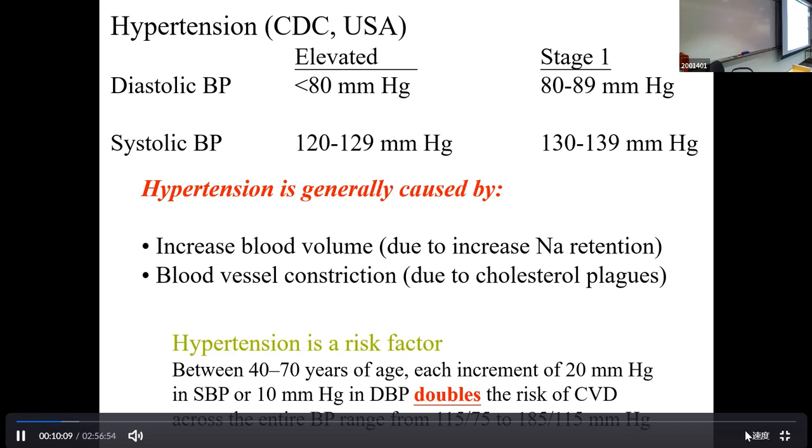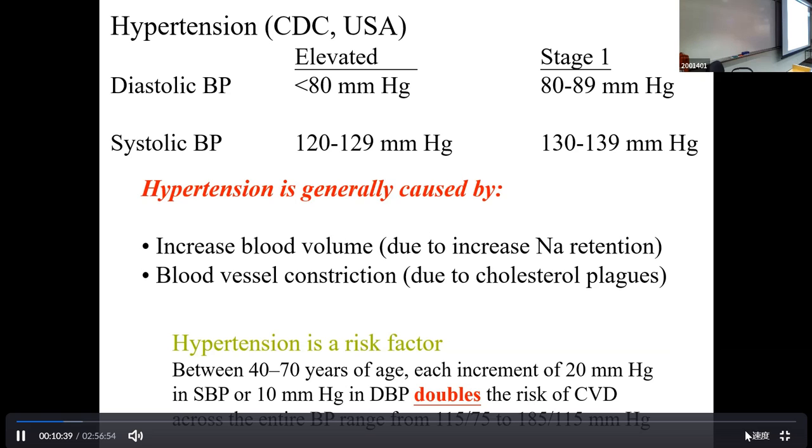Now, of course, there are many reasons for you to have high blood pressure. I'm just highlighting a couple here, which are relevant to the characteristic of sodium being the principal cation extracellularly. You will have high blood pressure when you have increased blood volume due to increased sodium retention.